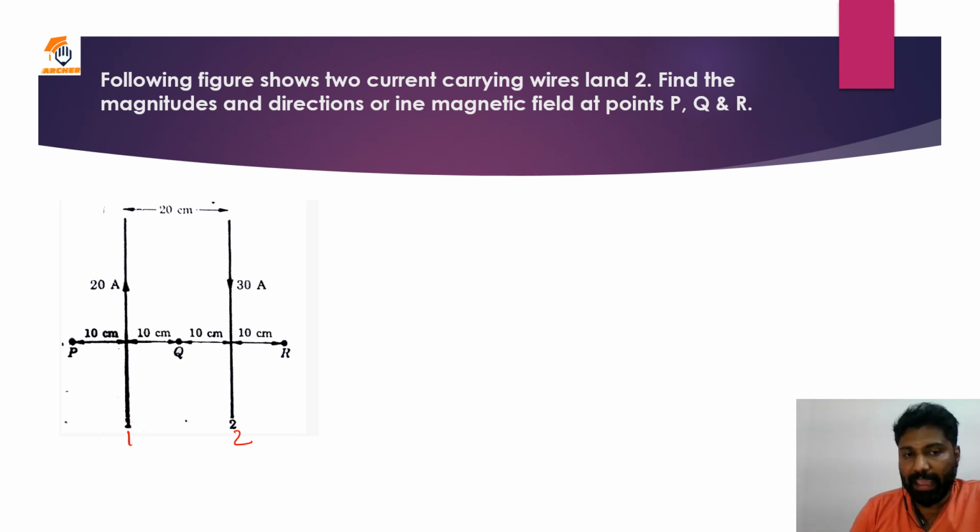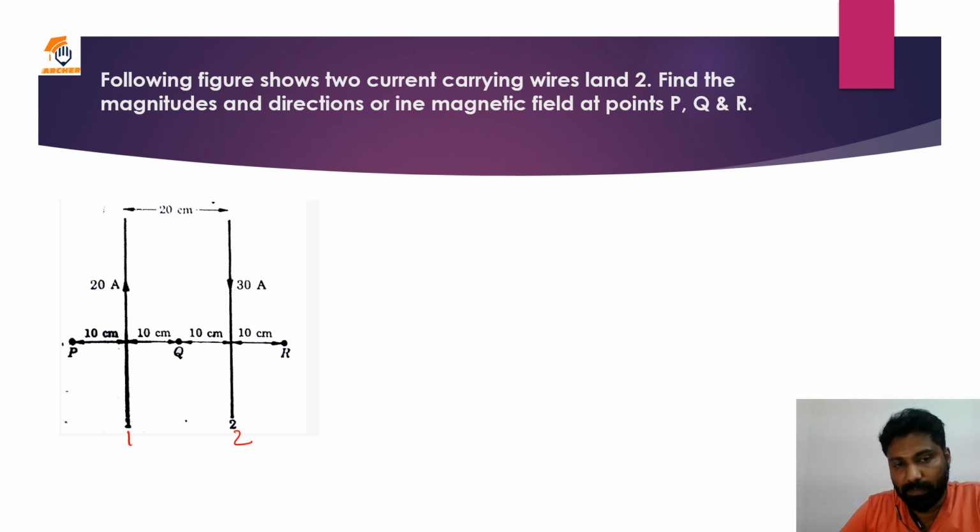According to the right hand grip rule, B1 is the magnetic field of current 1 and B2 is the magnetic field of current 2. If we consider point P on the left side, and the current is in this direction, then how is the direction?